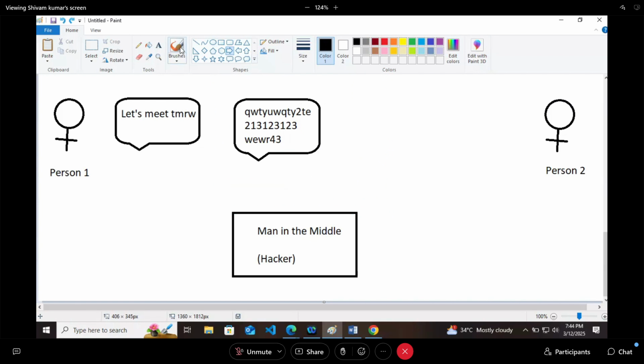Let's say we are sending this message with a lock and key. Person one sends this message to person B. Now the hacker is trying to delete the message and write, but you can't even open this message now.